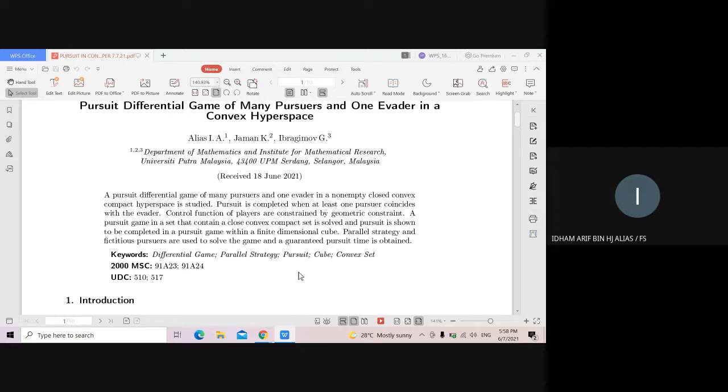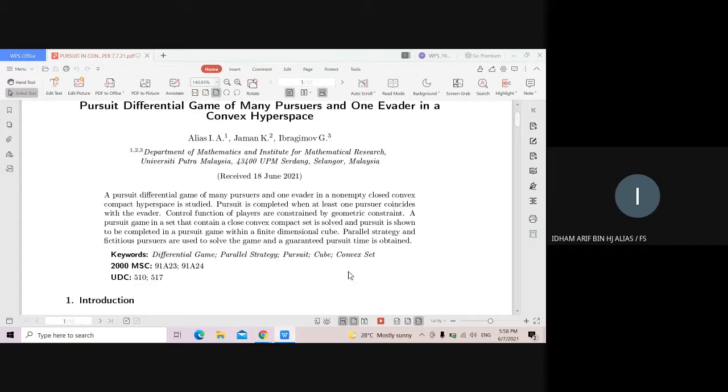Parallel strategy is a standard strategy for pursuers to capture evader, where pursuers and evader will move parallelly, and it was introduced by Petrosyan in 1967.